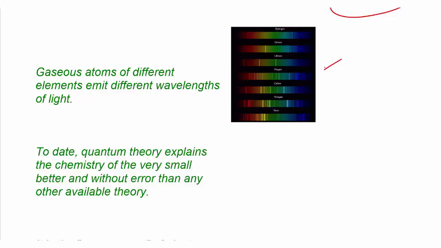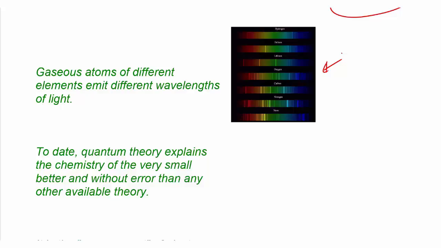We saw last time how different elements emitted different colors, and the only way to describe how that happens is to say that the electrons for these different elements can only take on certain energies, and those energies are different for the different elements.